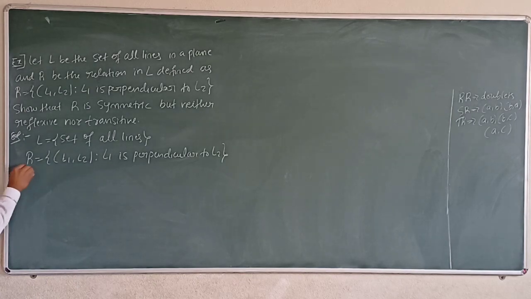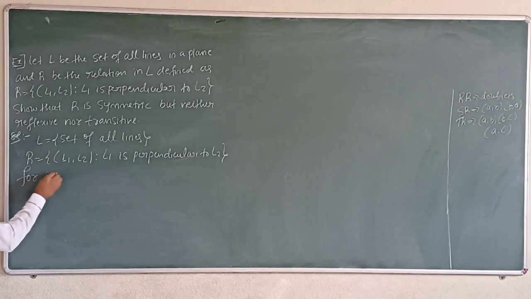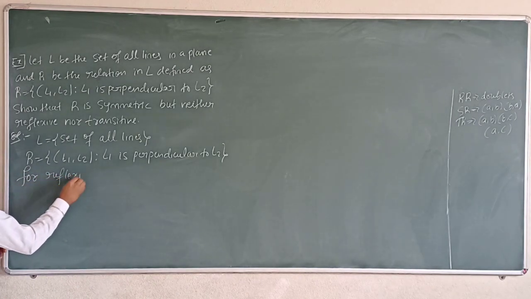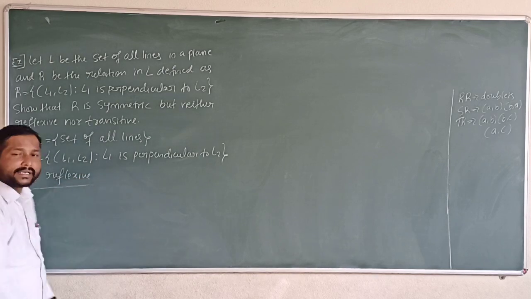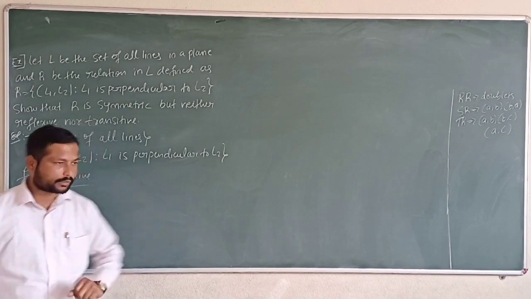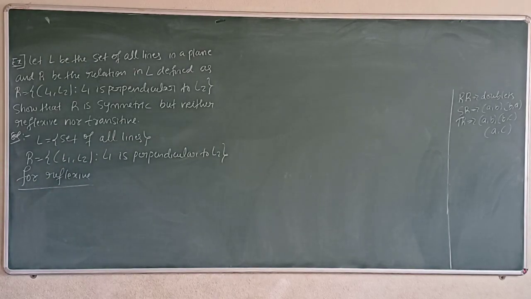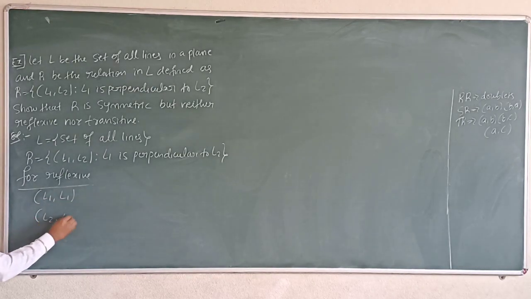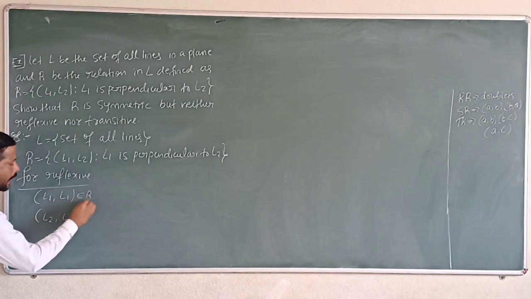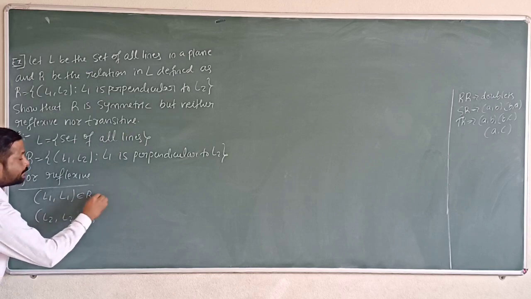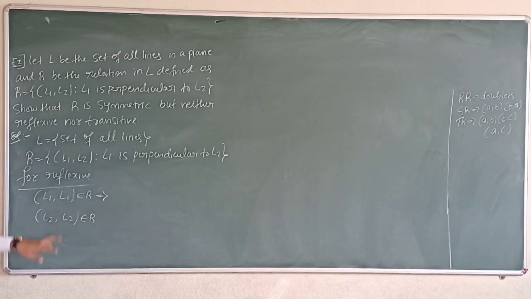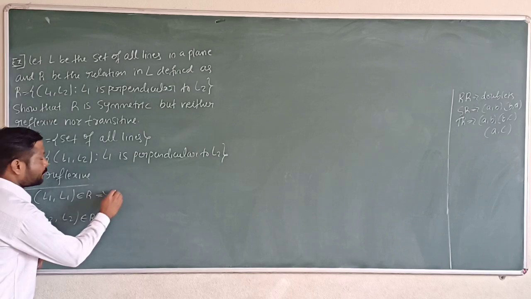Right? Check the relation for reflexive now. Let's discuss reflexive. What should reflexive have? A double pair. Take (L1, L2) as (L1, L1) and (L2, L2). Take this (L1, L1) and (L2, L2); they belong to R, it implies apply the relation. Okay, (L1, L1): check this.